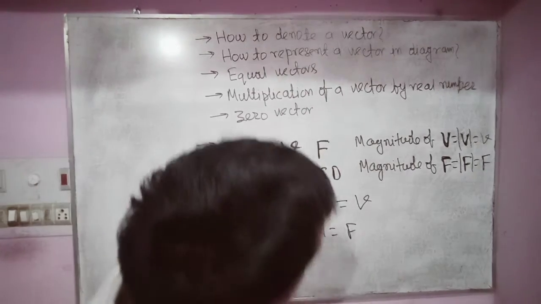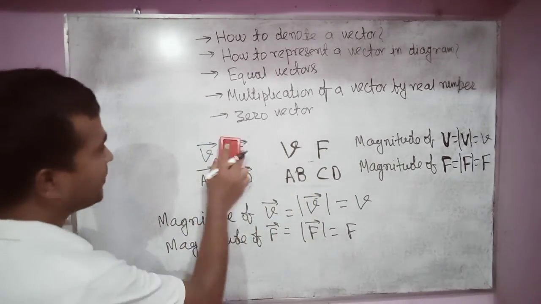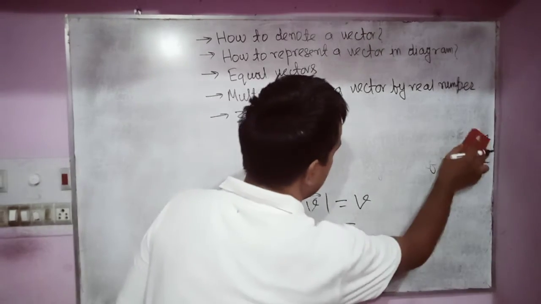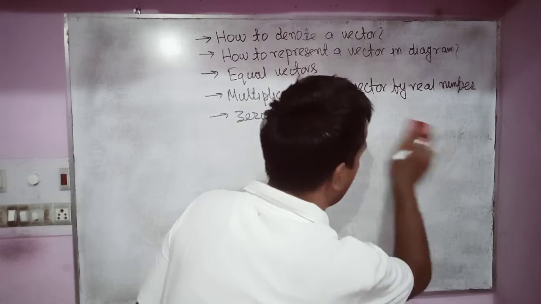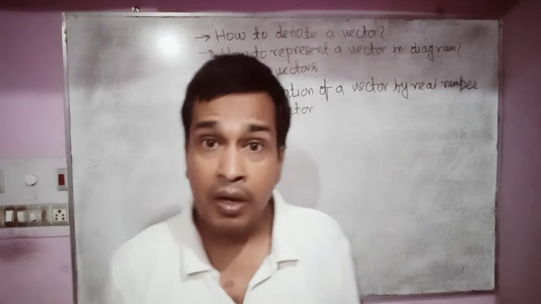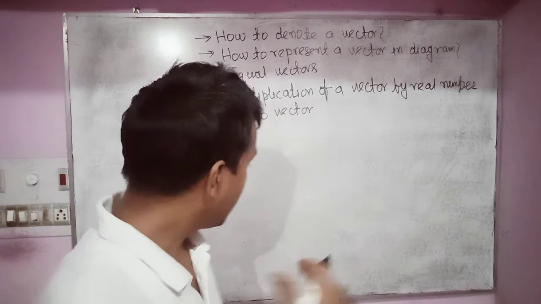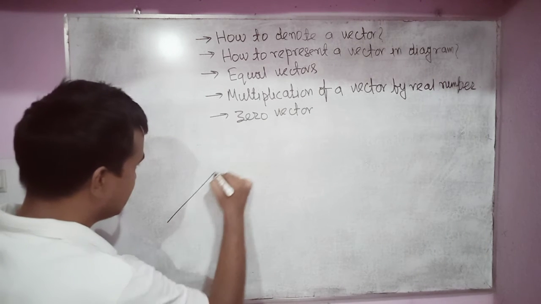Now we come to the second topic, how to represent a vector in a diagram. In a diagram, a vector is represented by an arrow. We know the arrow like this.